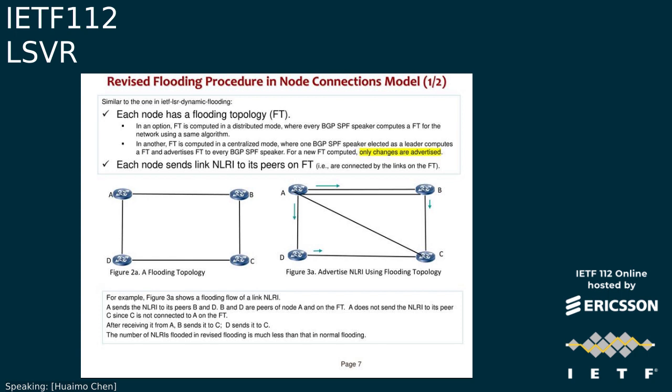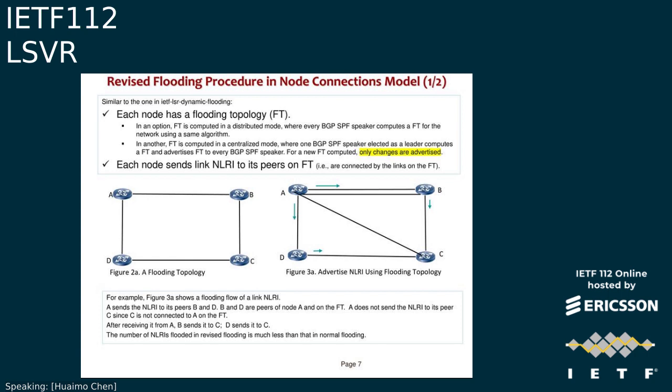So we're talking about the revised flooding procedure in node connections mode. In this mode, the revised flooding procedure is similar to the one in IGP flooding reduction. Basically, every node in the network will have a flooding topology, which we can obtain in two ways. In one way, in distributed mode, every node computes its own flooding topology using the same algorithm.